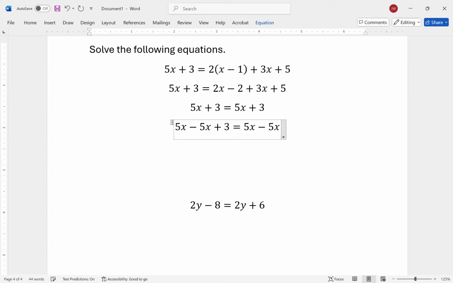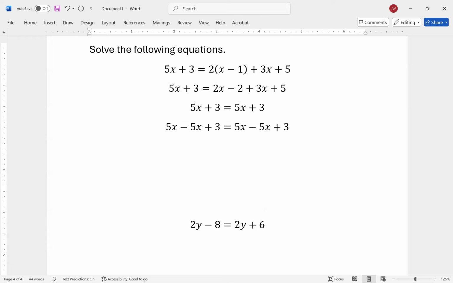If I subtract something from the left-hand side, I have to do that on the right-hand side as well. So I get 5x minus 5x plus 3 is equal to 5x minus 5x plus 3. And all of a sudden, the x's go away. And I just get this statement that says 3 is equal to 3.